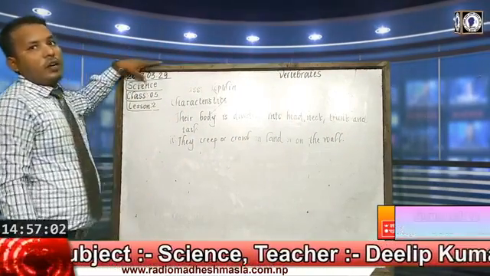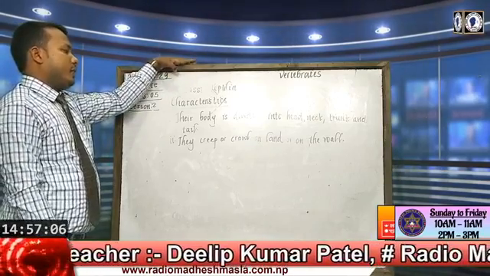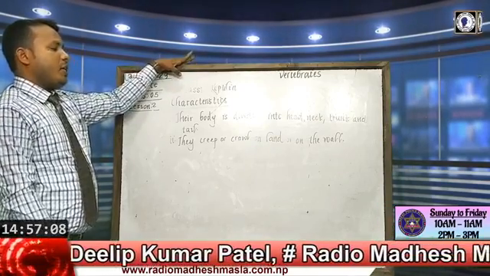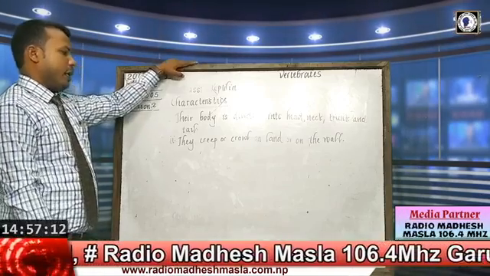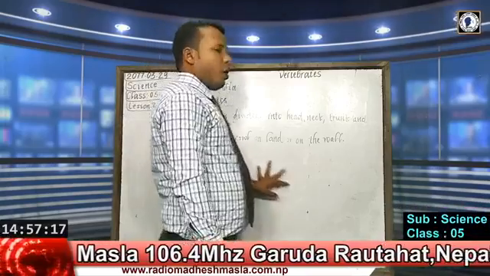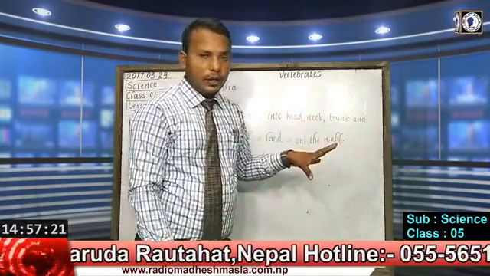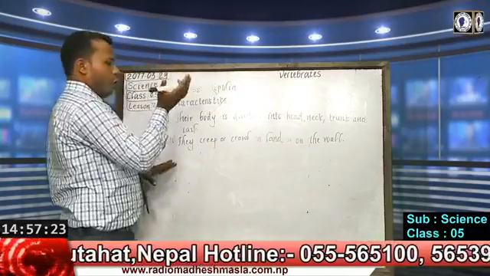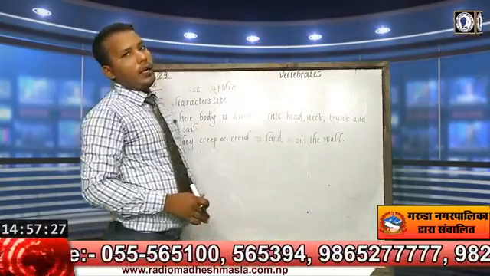Reptilia are called crawling animals, isn't it? So what are the characteristics of reptilia? Their body is divided into head, neck, trunk and tail. Number 2, they creep or crawl on land and on the wall. It means they creep or they crawl on the land and on the wall, isn't it?